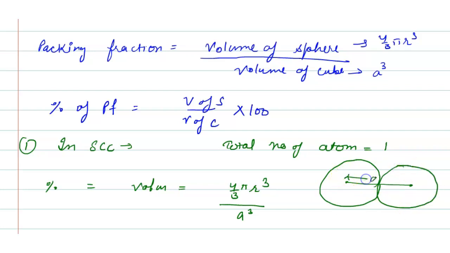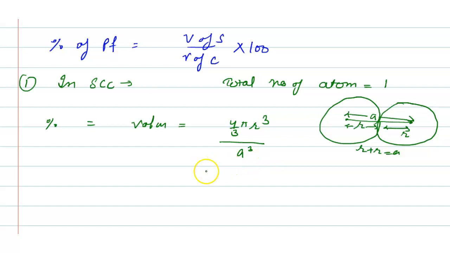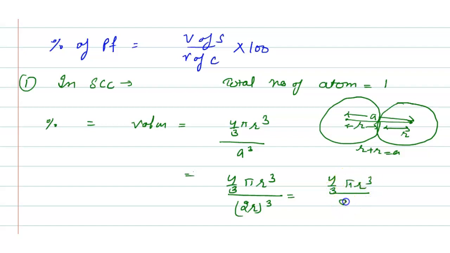So this distance is the edge length a, and it is made of the radii of these two spheres. So r plus r is equal to a, which can be written as a equals 2r. So we will write here 4/3 pi r cube upon 2r whole cube. Now simplify this. We will get 4/3 pi r cube upon 8r cube. r cube is cancelled out.